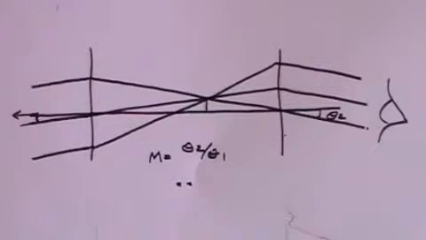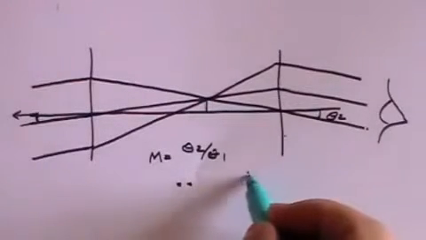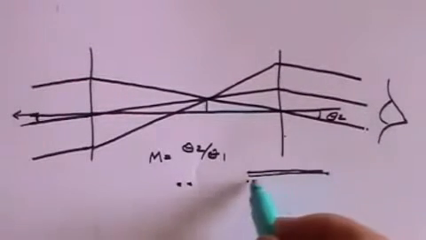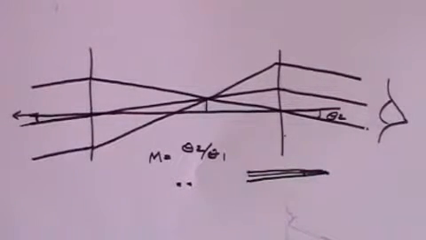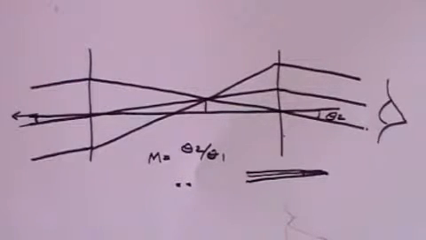But if you were to go 100 meters away, you would find that those two dots at some point as you moved away would merge into one, and you wouldn't be able to resolve them as there being two anymore. And what this boils down to is if these are the two dots and this is where you're viewing from, what is the angular separation between the two dots? What does that have to be in order to be able to see those two dots?